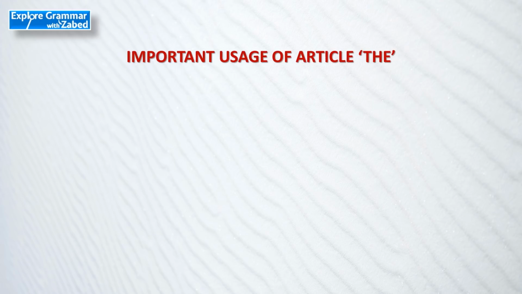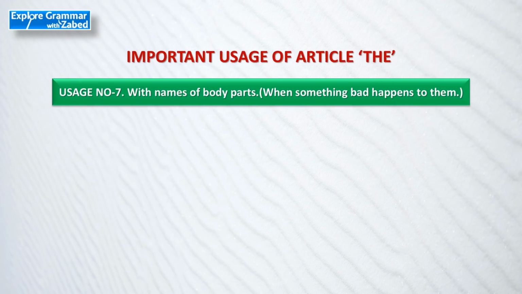The next use of article the is when we talk about our body parts. Usually, we just use possessive forms like my, your, his, her, our, etc. with these organs. But when we want to talk about something bad happening to a body part, we use article the.